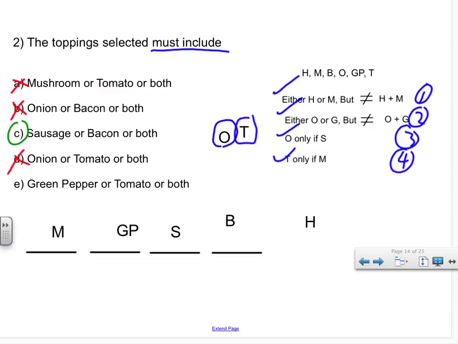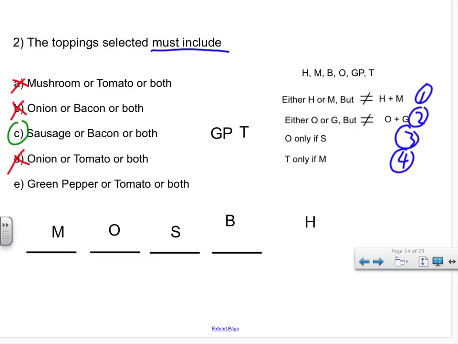And let's try E quickly. Green pepper, tomato, or both. So let's bring O back down and put green pepper up with tomato. And let's try O in here, and I have a feeling this will work with our conditions. So again, step by step, just double checking with our conditions.